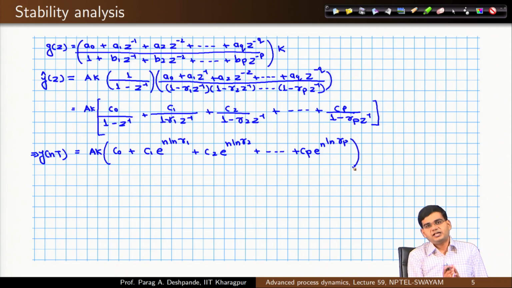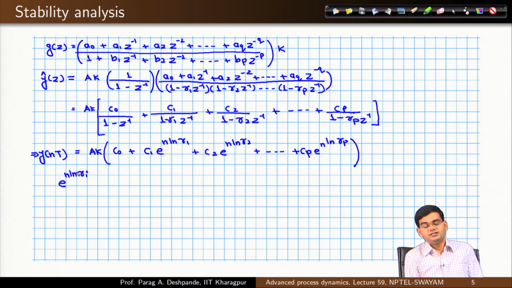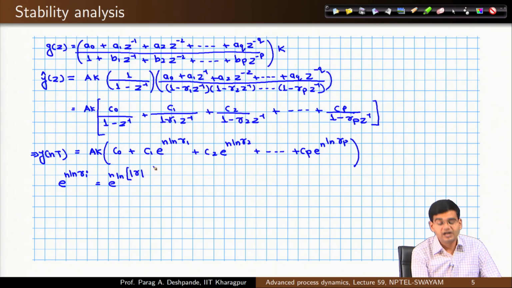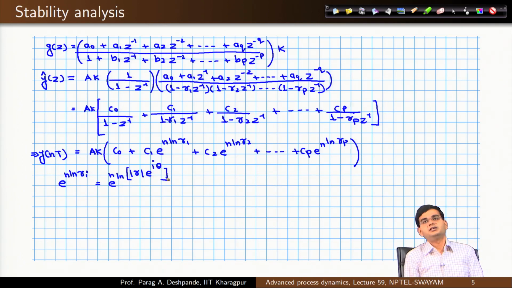So, the first term on the right hand side is bounded because C 0 is a constant. Now, every term in the rest of the terms has e to the power n ln r i, right. In general r i may be complex. So, therefore, let me write this as e to the power n ln of the modulus of r e to the power i theta, okay.